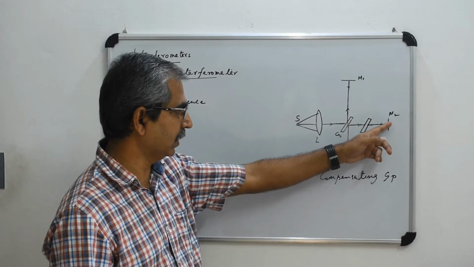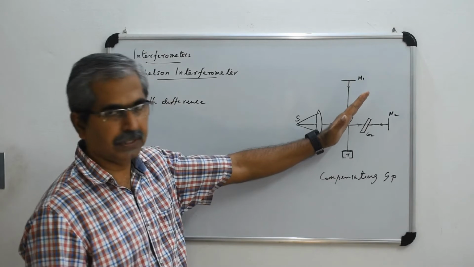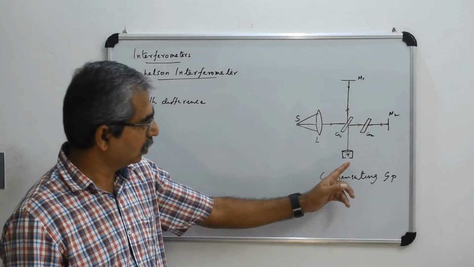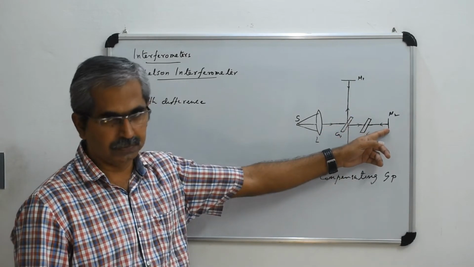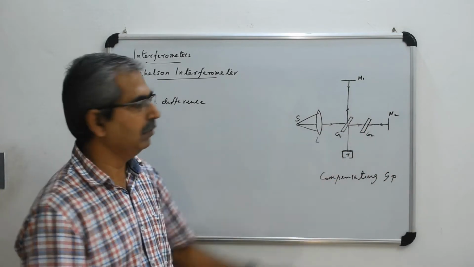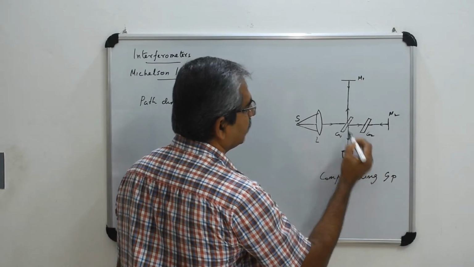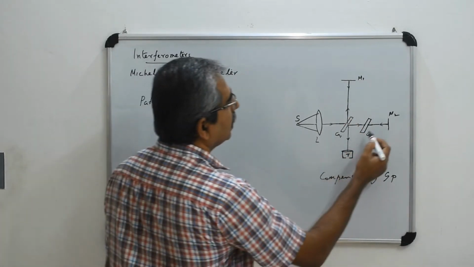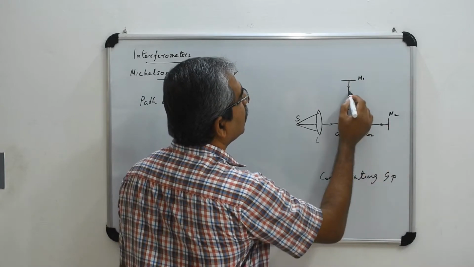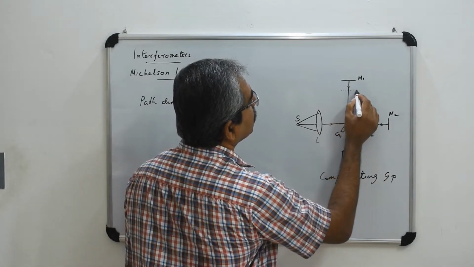You will get a reflection of the object from the glass plate kept at 45 degrees. So where will you see the image of M2 or any object? You are obtaining the light along this particular direction, so it appears that M2 will be somewhere here. That is called the virtual image.